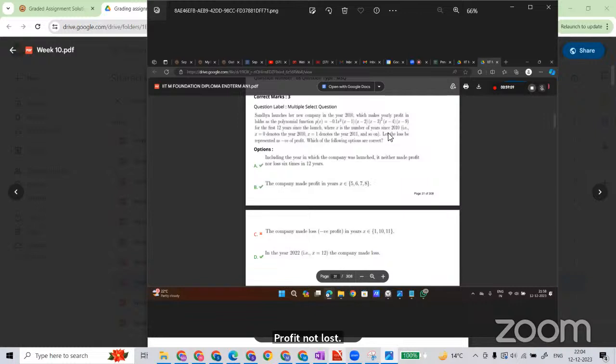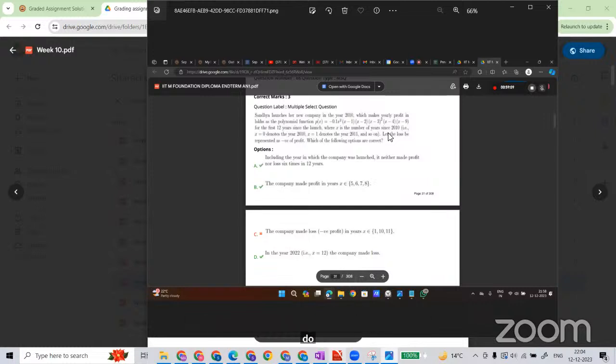Okay, right, getting it. In 2012, it made the loss. So you can check the sign at 1. At 1 it will be 0. At 10 it will be negative, so it will be a loss.